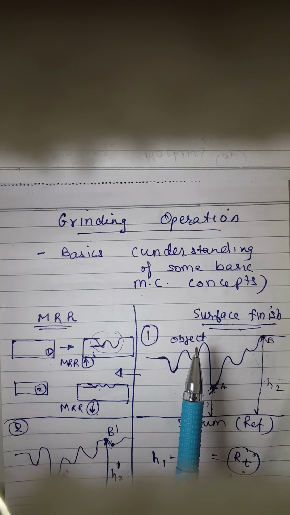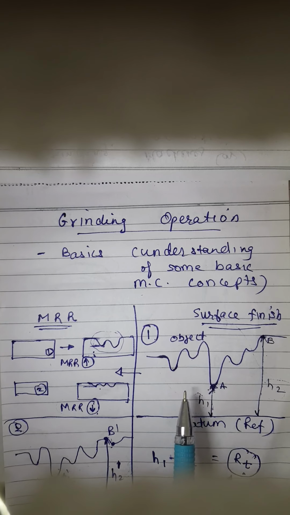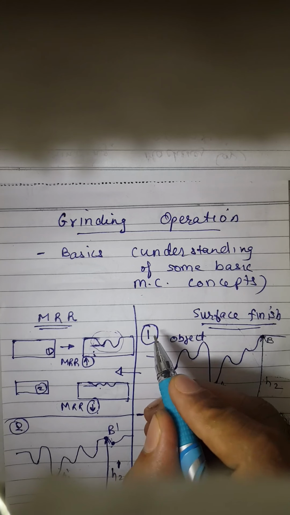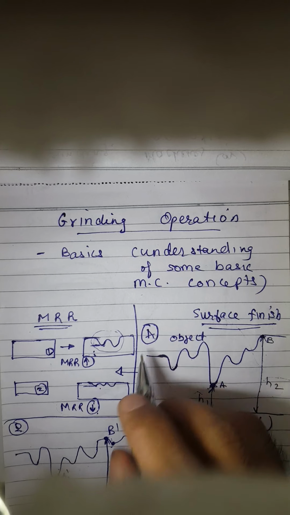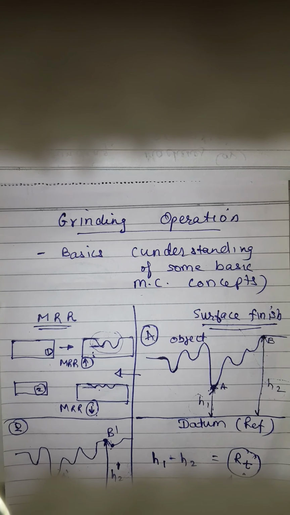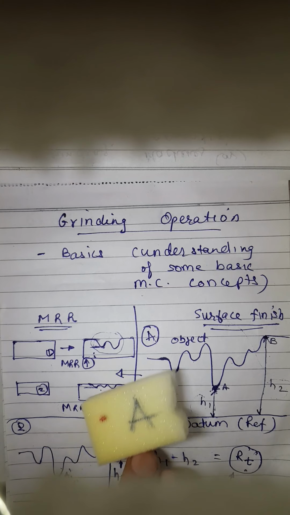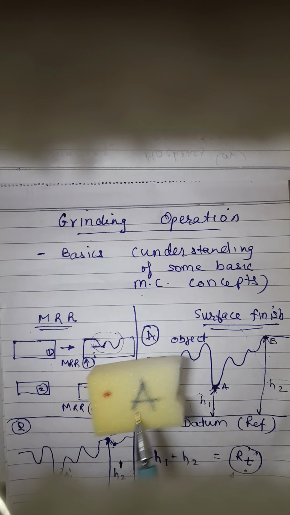What we can see in this figure is one object, let us say object 1, or let me call it object A. For this particular material A, under a very high magnification, I'll be observing the surface of this object A.